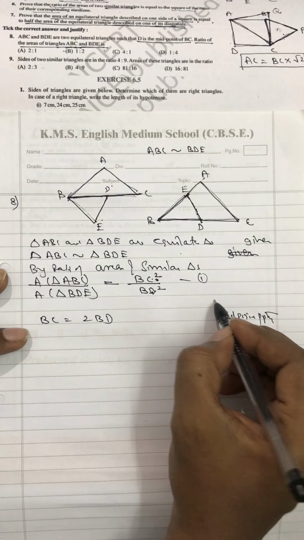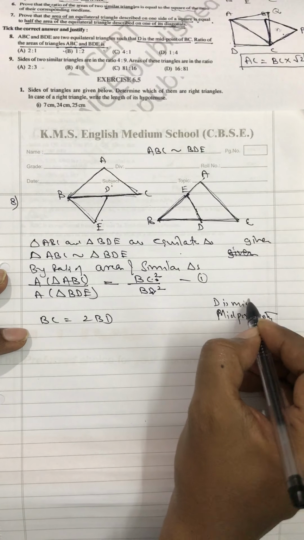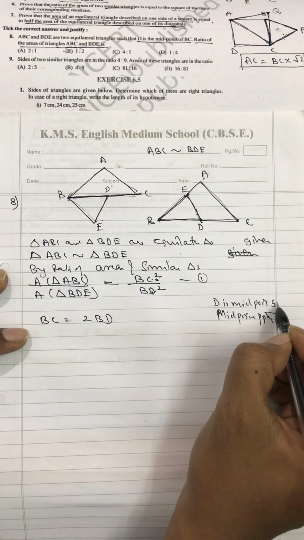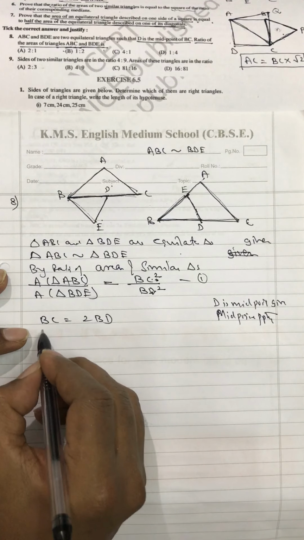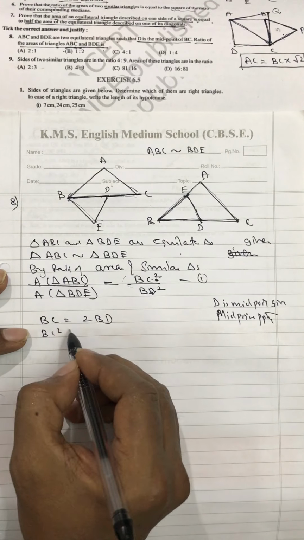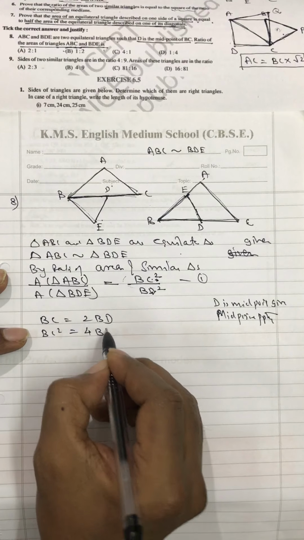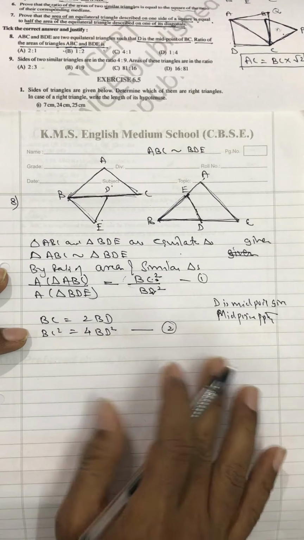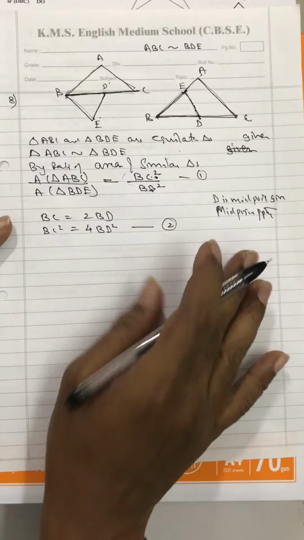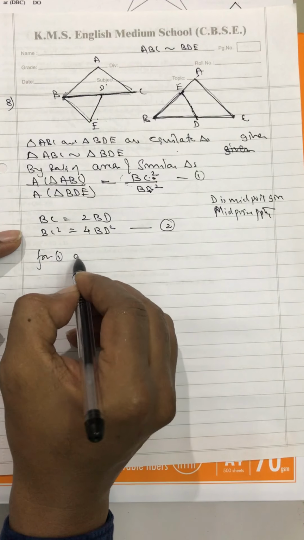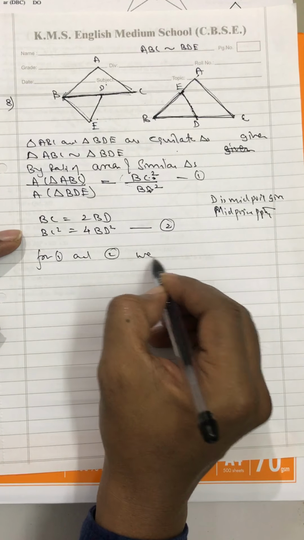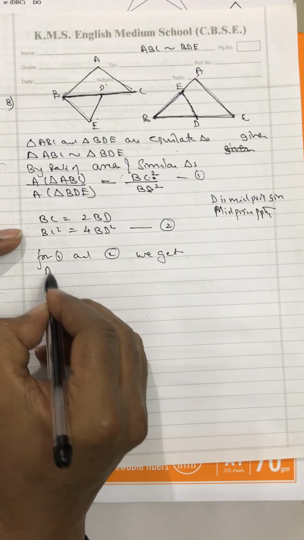Fine. D's midpoint is given. So therefore I will get BC square, because there is BC square over here, is equal to 4 BD square. This is my second. So from 1 and 2, what do I get?